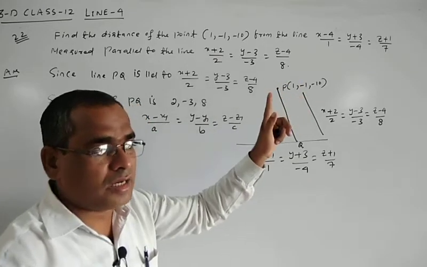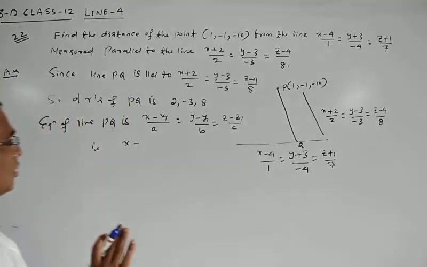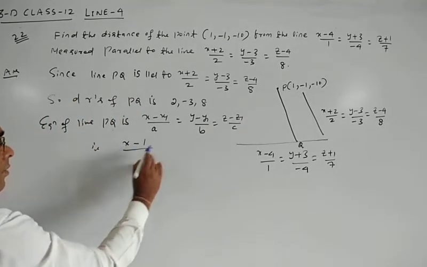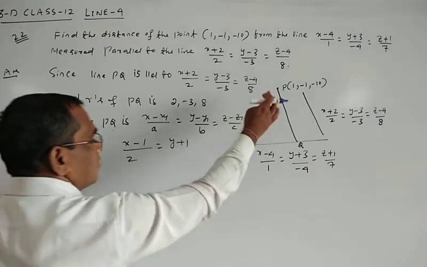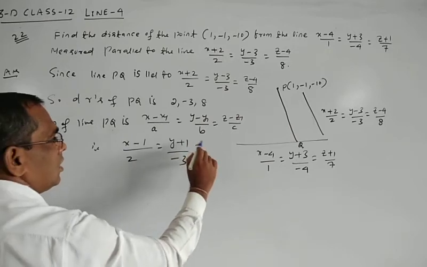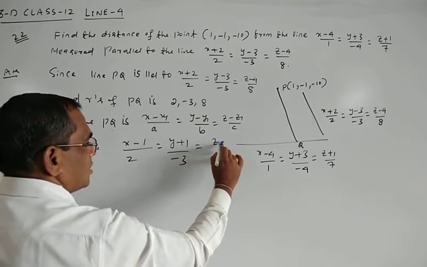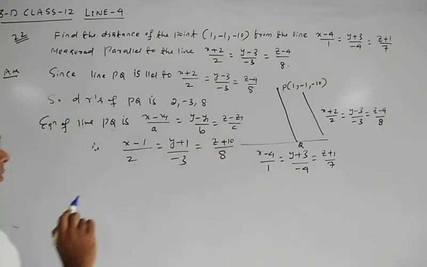I hope all of you understand. So (x minus 1) by 2 equal to (y plus 1) by minus 3, and this is equal to (z plus 10) by 8. Now you take any point on the line.